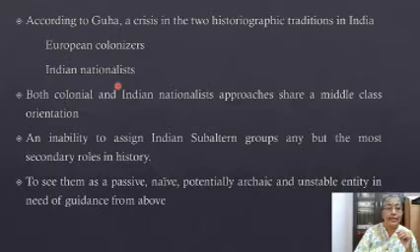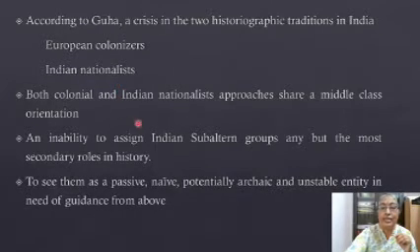They say that both colonial and Indian nationalist approaches share a middle class orientation. Again, they continue to say that there was an inability to assign Indian subaltern groups any but the most secondary roles in history.